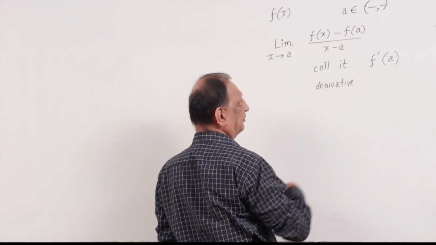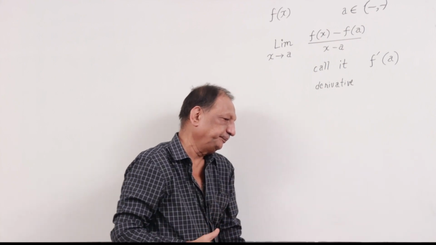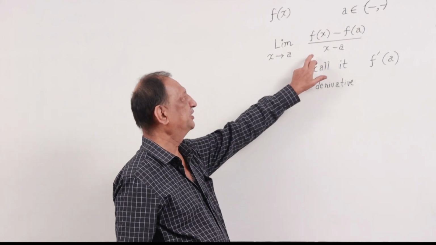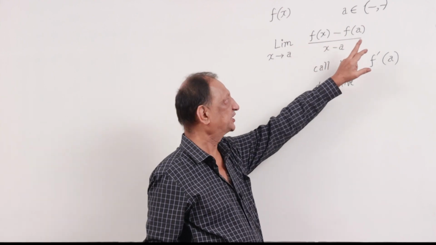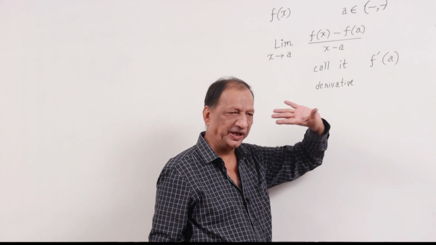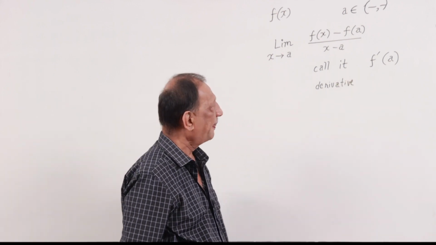The value of the derivative at the point a is f prime a. Right? And the derivative at a point a is the limit of x tending to a of f(x) minus f(a) divided by x minus a. That limit is called f prime a. That's how we denote it.